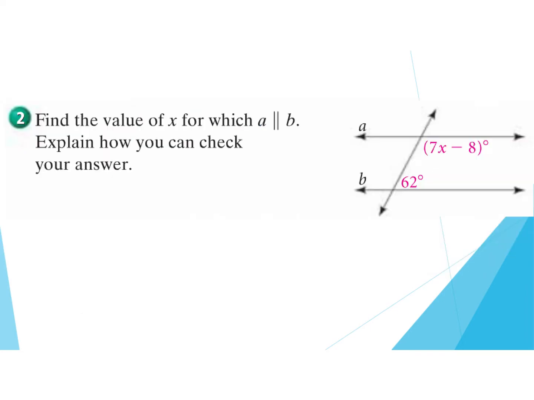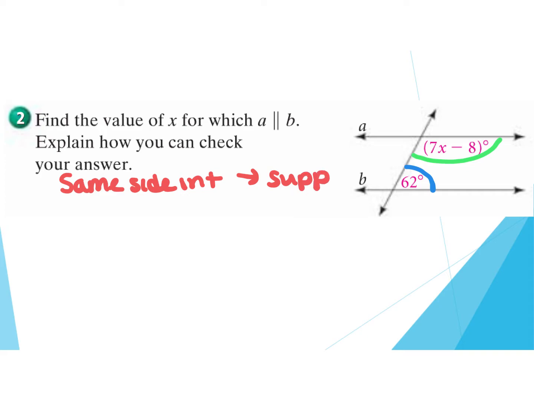For the next one, the two angles I have are the 7x minus 8 and the 62. Now these angles are same side interior angles, so we want them to be supplementary. So if I have 7x minus 8 plus 62 equals 180, I can solve.